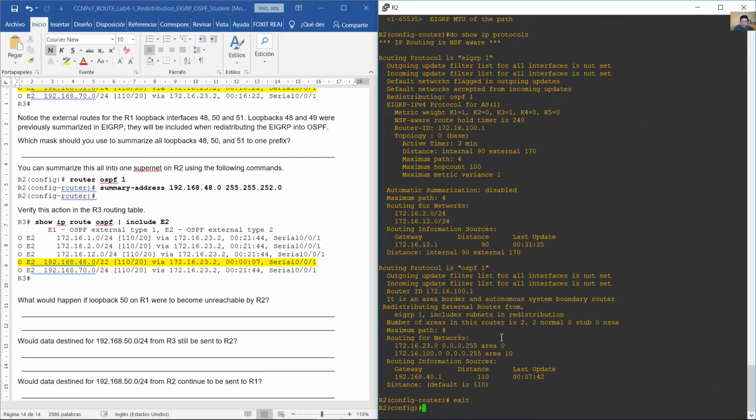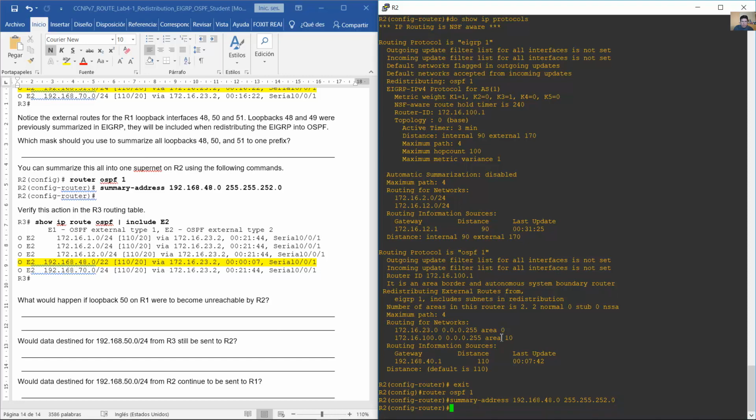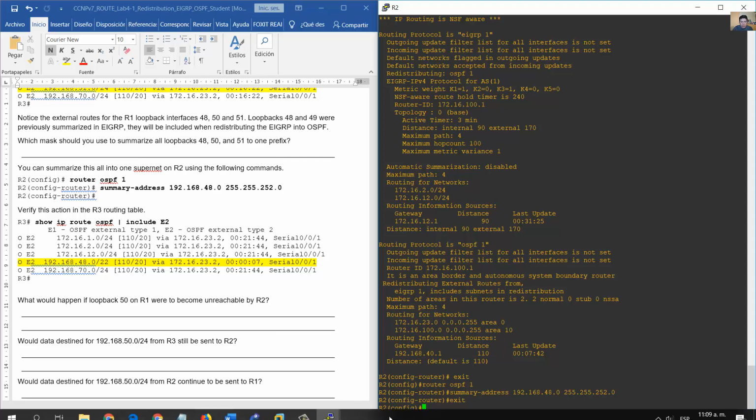Go to R2, exit, router ospf 1, summary-address 192.168.48.0 255.255.252.0. Exit, and go to R3 and verify.